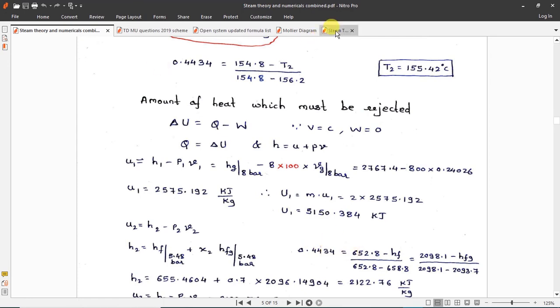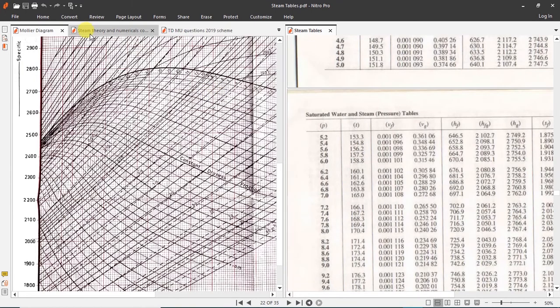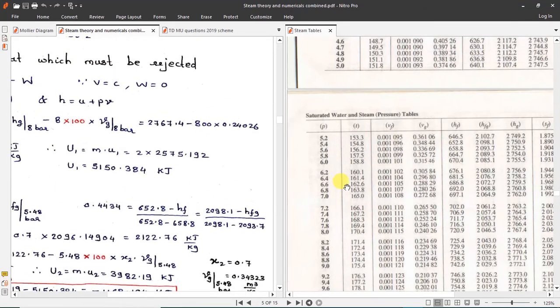Now let me bring the steam table on the right side. So what I have done is, for HF, our sequence was 5.4 minus unknown divided by 5.4 minus 5.6. That was the sequence. You should remember the sequence. So for 5.4, what is HF? 652.8. So 652.8 minus HF, which is unknown, divided by 652.8 minus, for 5.6 it is 658.8, is equal to, we have to calculate HFG also.